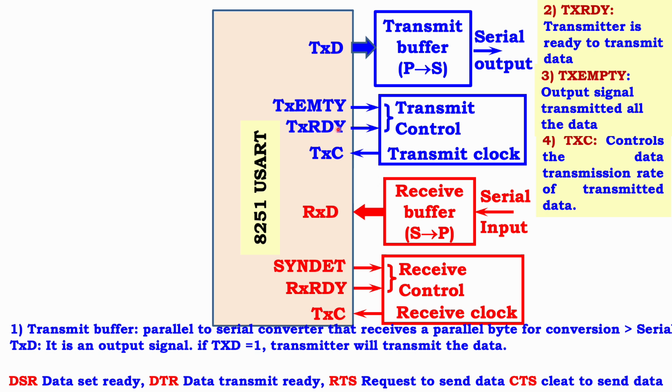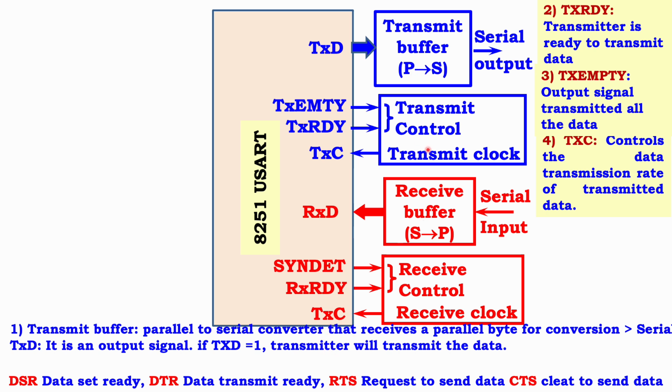Now let us discuss one by one in detail. What will the transmission module or buffer do in the 8251 USART? The transmitter buffer will send an output when TxRDY is set to 1. Now the transmission data is ready to transmit by converting parallel to serial.